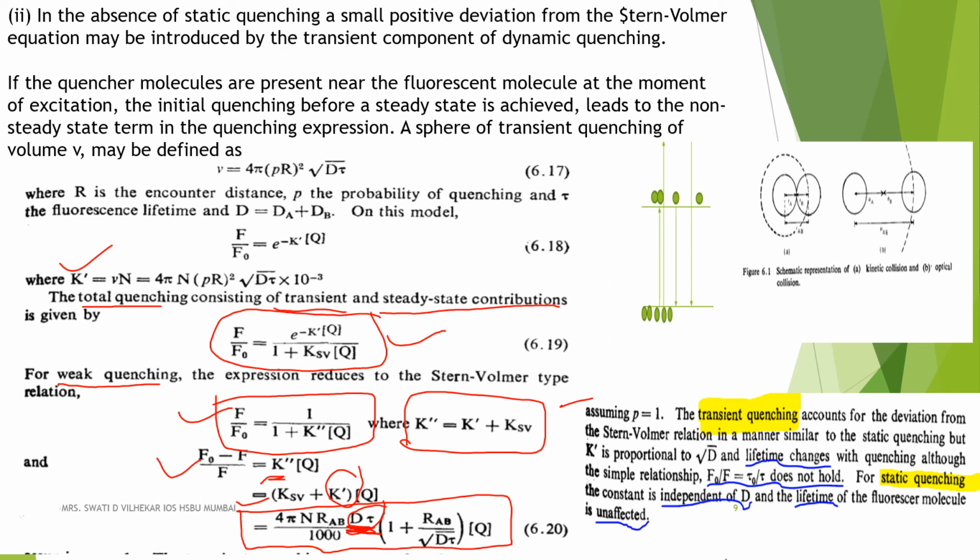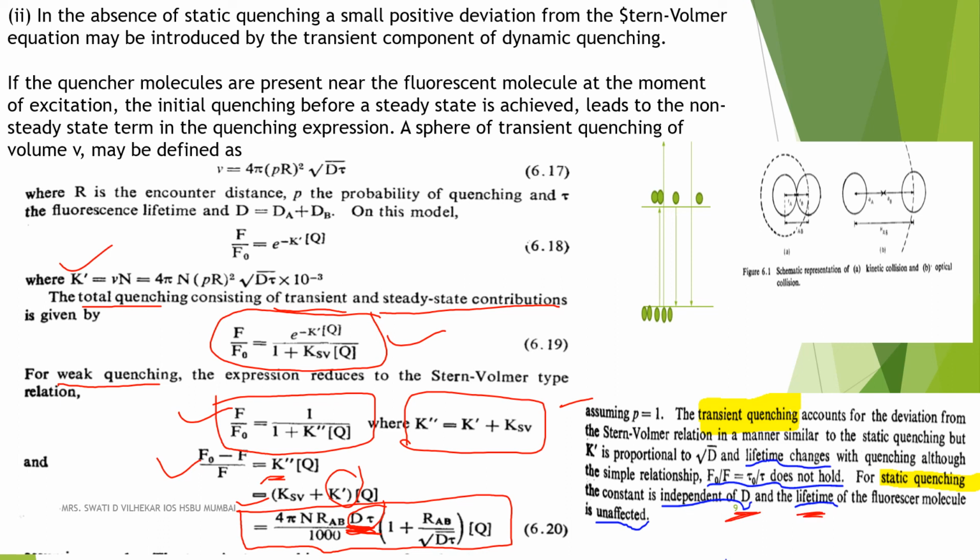Here in case of dynamic or transient quenching, the k' value is dependent on the D value as well as the tau value, while in case of static quenching it is independent of the D value as well as the lifetime of the fluorescent molecule.